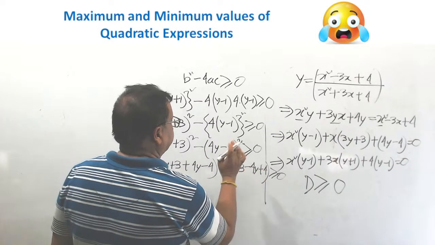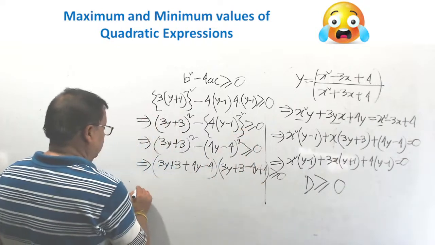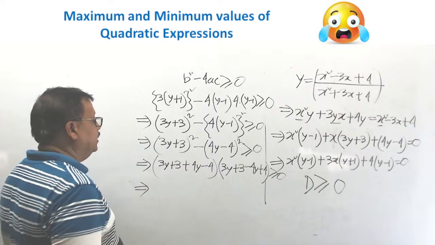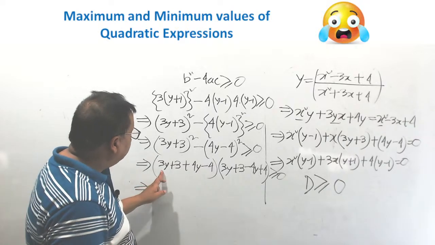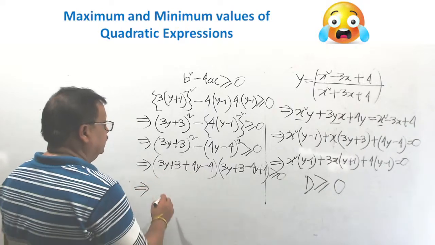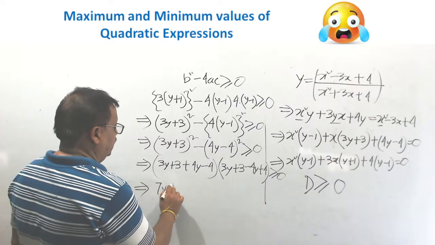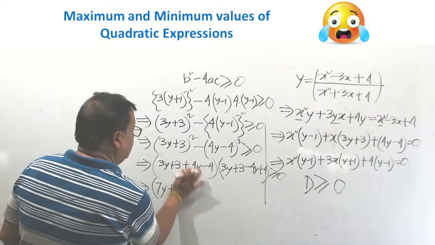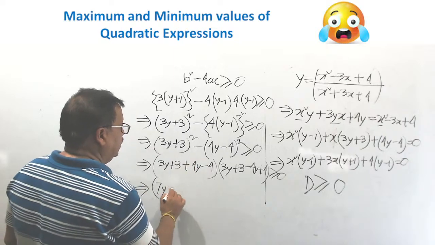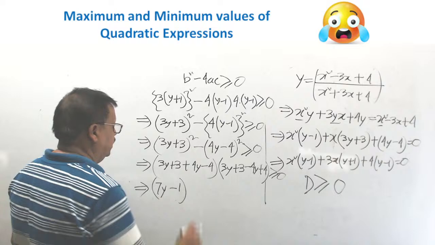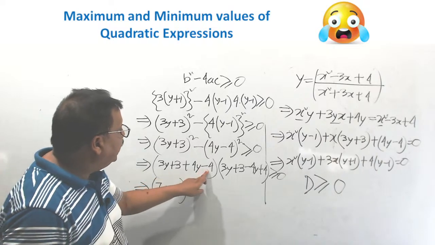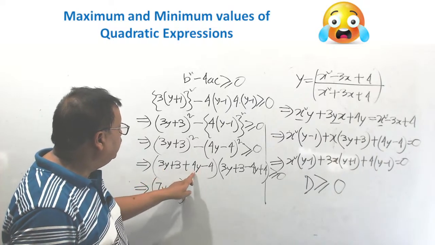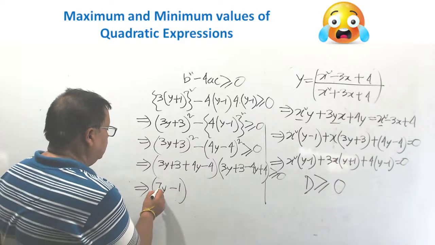Minus 4y plus 4, minus minus plus. This implies 3y plus 4y is equal to 7y, and plus 3 minus 4 is minus 1, so 7y minus 1.